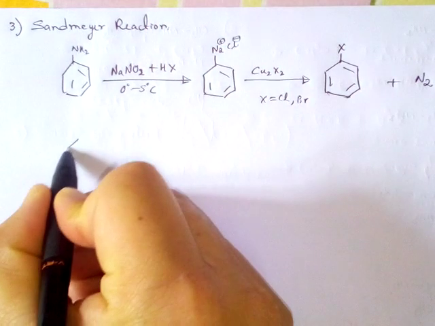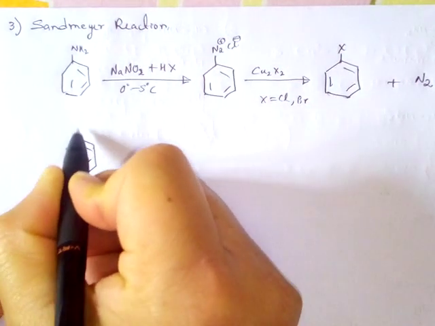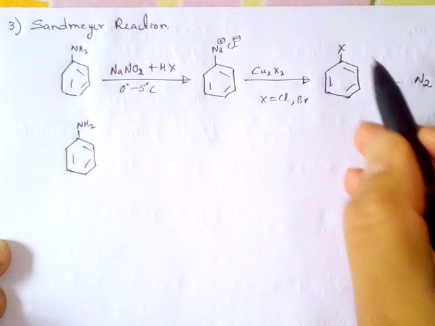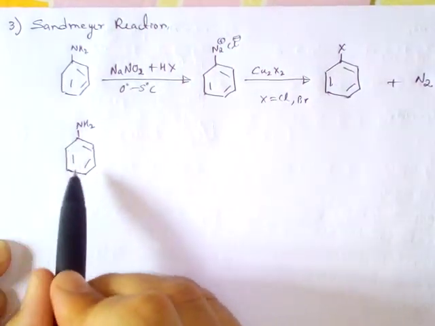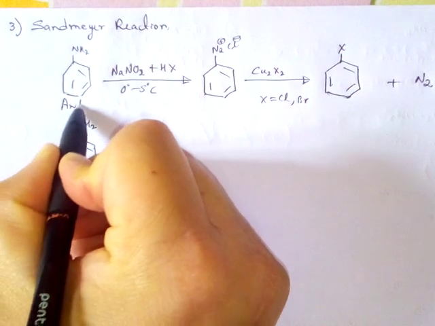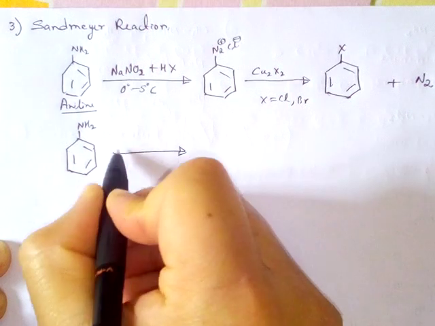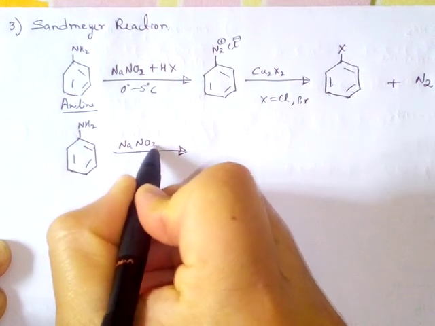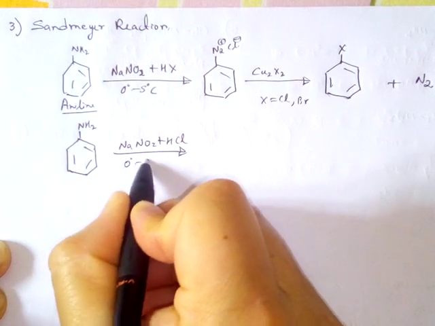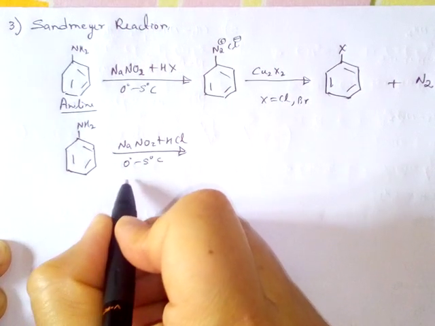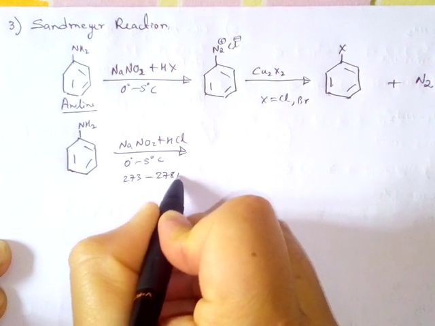To take a particular example, suppose we have to prepare chlorobenzene from aniline. So this is your aniline, then we have to add NaNO2 plus HCl, 0 to 5 degrees Celsius. In other words, you can also write it as 273 to 278 Kelvin.